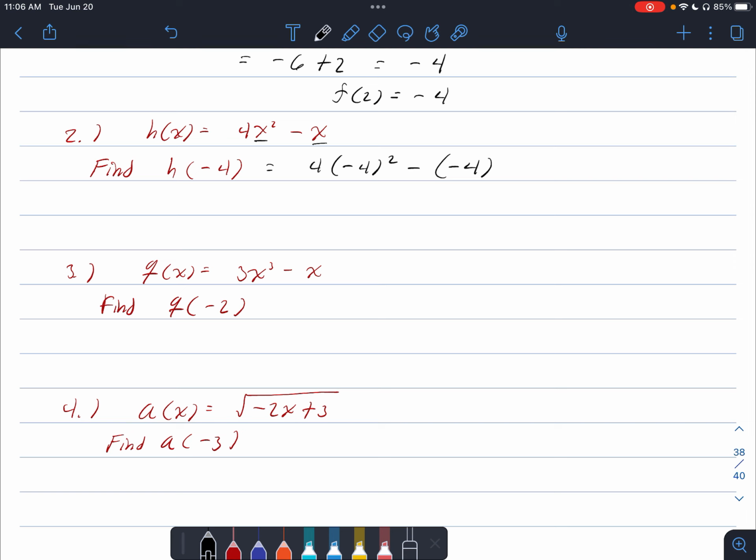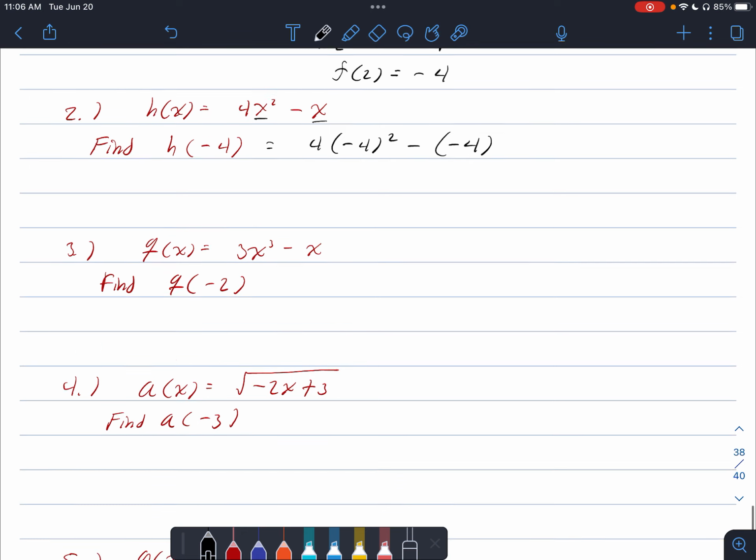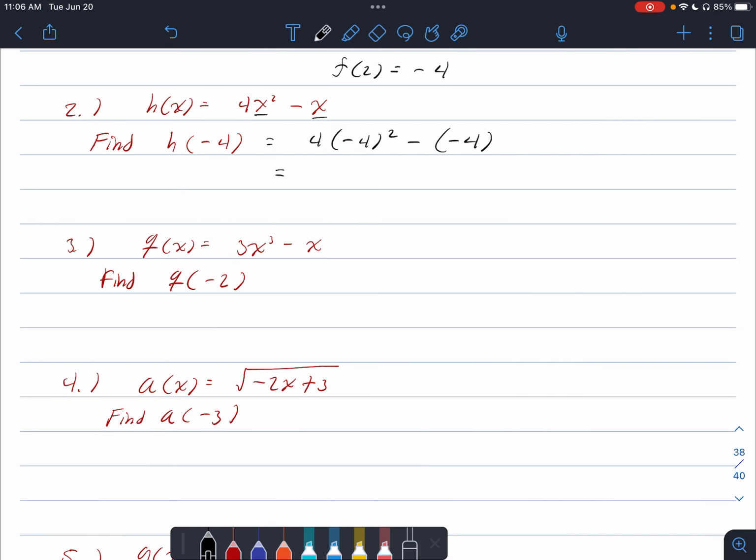Let's do negative 4 squared first. Negative 4 squared is negative 4 times negative 4, so we have a positive 16. Then we'll have 4 times 16, and minus a negative 4, that's the same as plus 4.